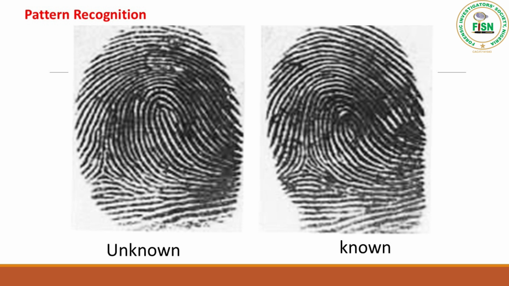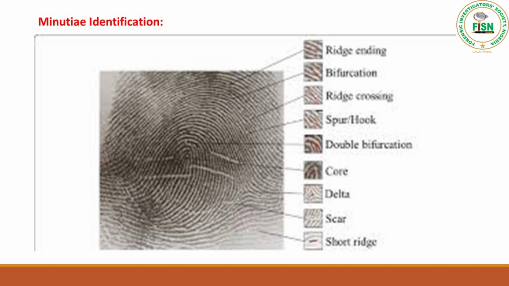To remind you again, the adequacy of minutiae is very important. Your ability to identify the features on the fingerprint is key to fingerprint examination. You must be able to identify features like a ridge ending, a bifurcation or trifurcation, a ridge crossing, spur or hook, and double bifurcation.